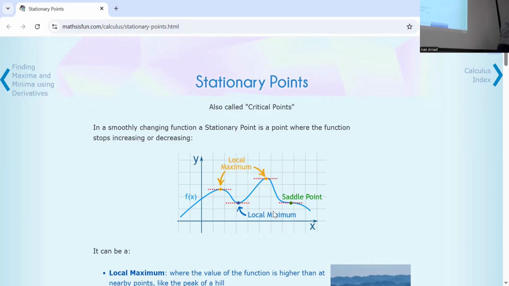Then if I calculate ds/dt and set it equal to 0, the solution will give me this point, this point, this point, all the points, and this also.